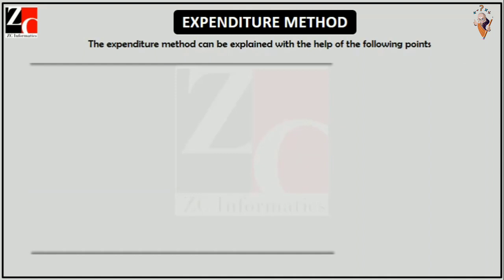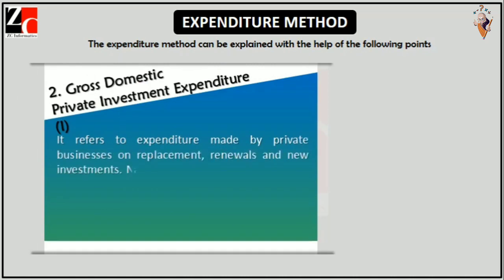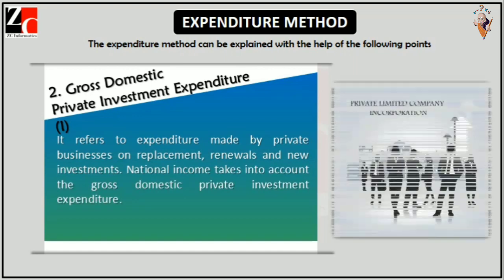Point number 2. Gross domestic private investment expenditure. It refers to expenditure made by private businesses on replacement, renewals, and new investments. National income takes into account the gross domestic private investment expenditure.